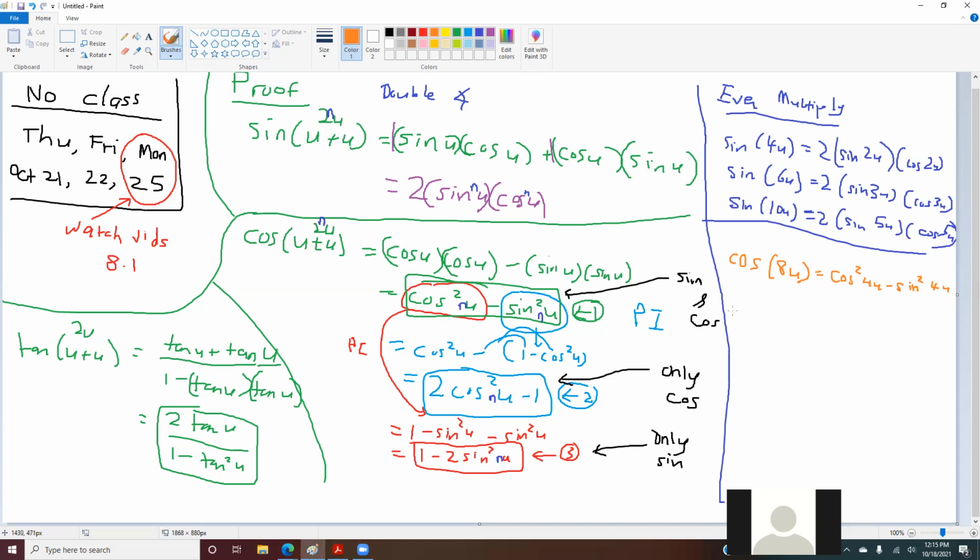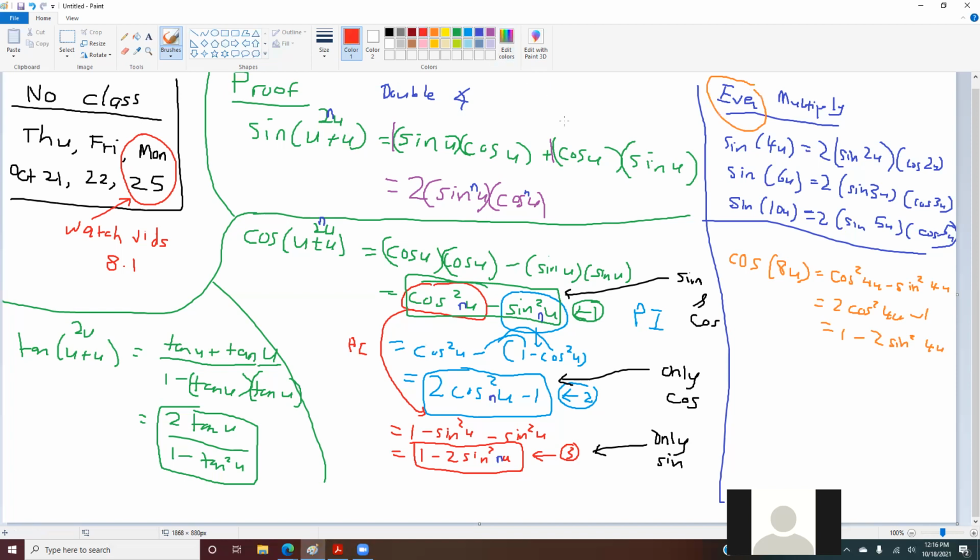You guys with me here? And if we want to use the other one, it can be written down as 2 cosine square 4u minus 1. Or if you're going to use the last one, it is 1 minus 2 sine square 4u. Make sure you guys understand that this double angle formula can be used for any even multiplier.